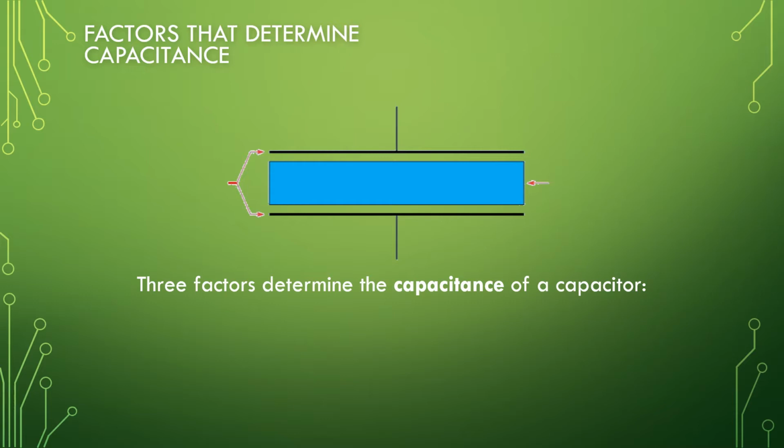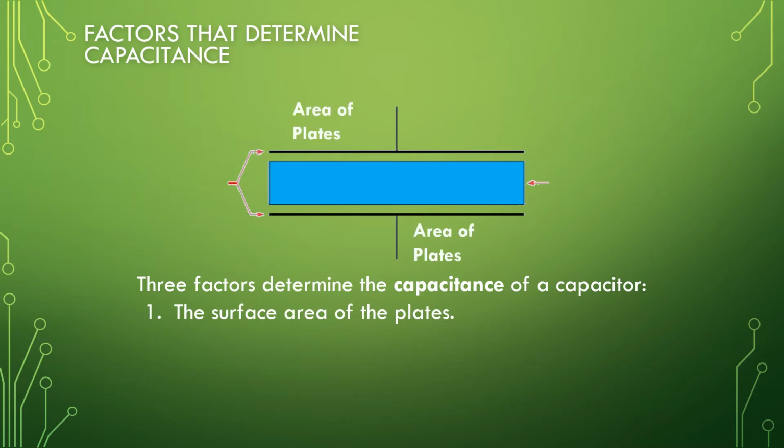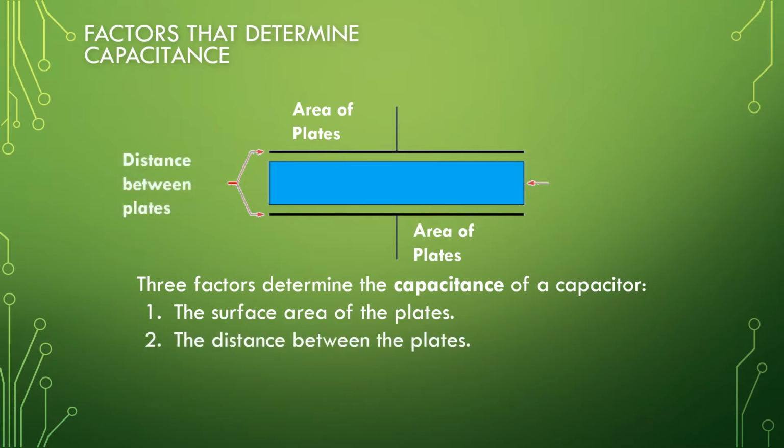There are three main factors that determine the capacity of a capacitor. The first is the surface area of the plates. Capacitors store electric charge, and by having more plate area, you can store more charge. The second factor is the distance between the plates.